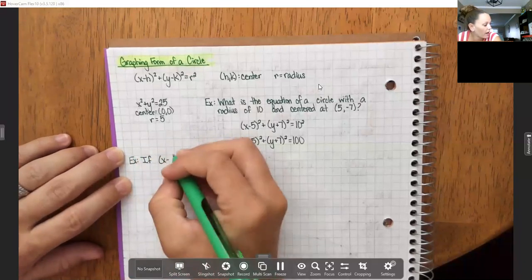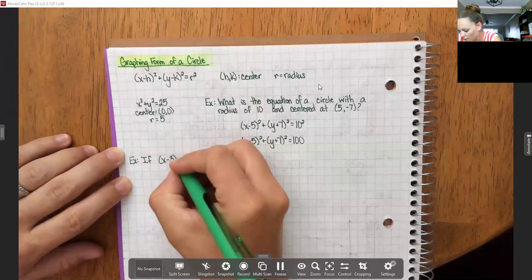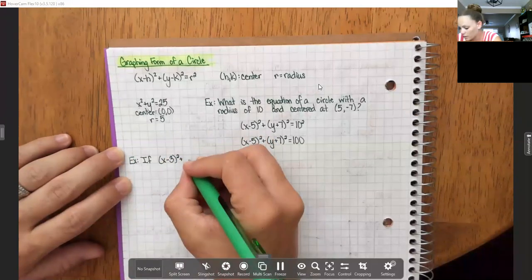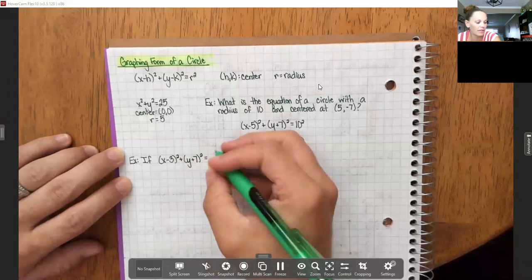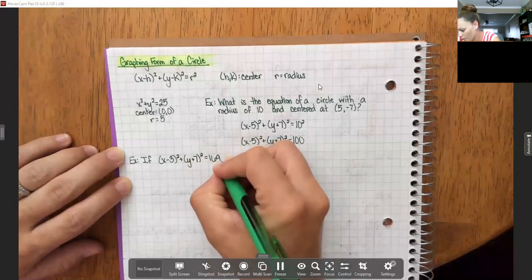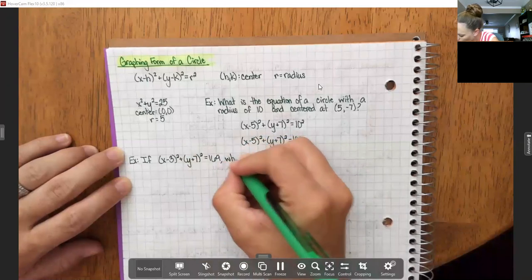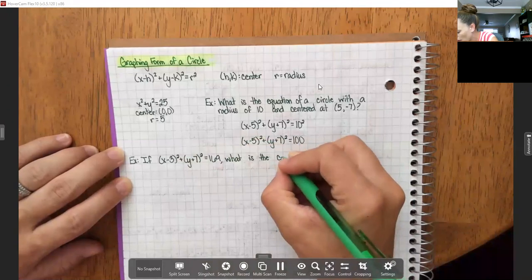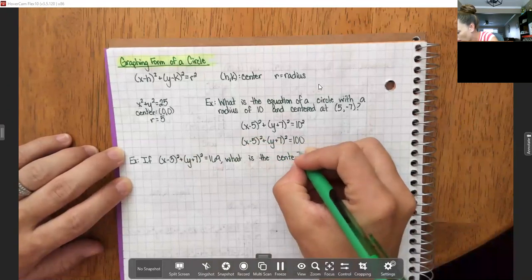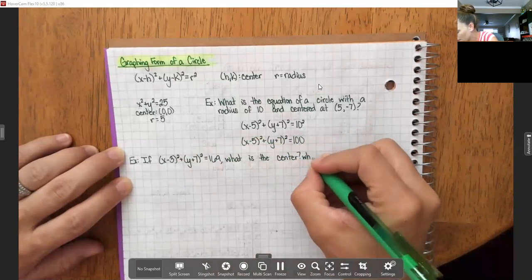If (x minus 3) squared plus (y plus 7) squared equals 169, what is the center? What is the radius?